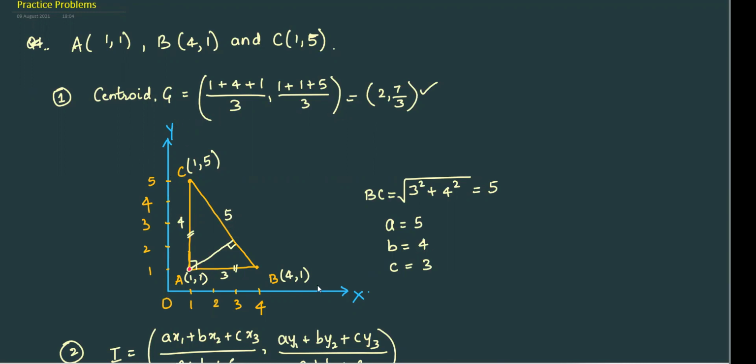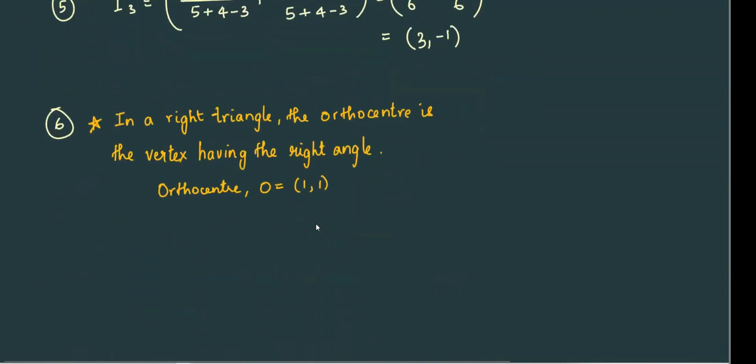But if you are able to draw the graph and mark the points properly, you immediately visualize and understand that it's a right angle. Even if you don't, you can find side AB, AC and BC by the distance formula. You observe that the greatest side squared is the sum of the squares of the other two sides, then it's a right angle triangle. Once you find that, immediately you can substitute the value. Okay, next.